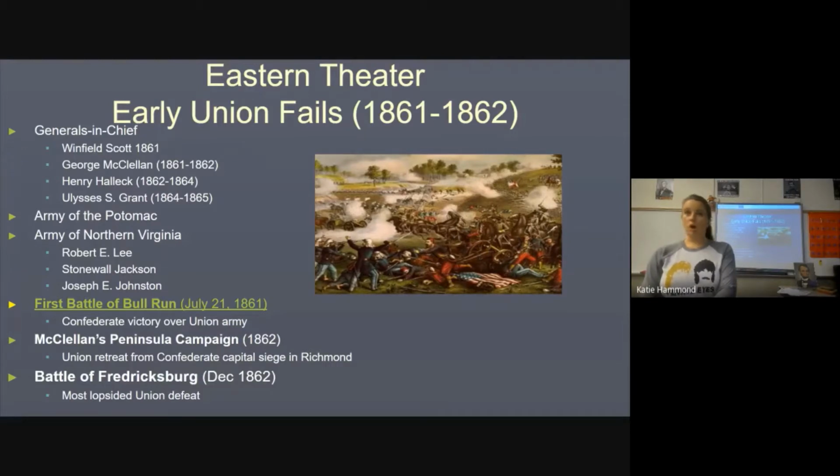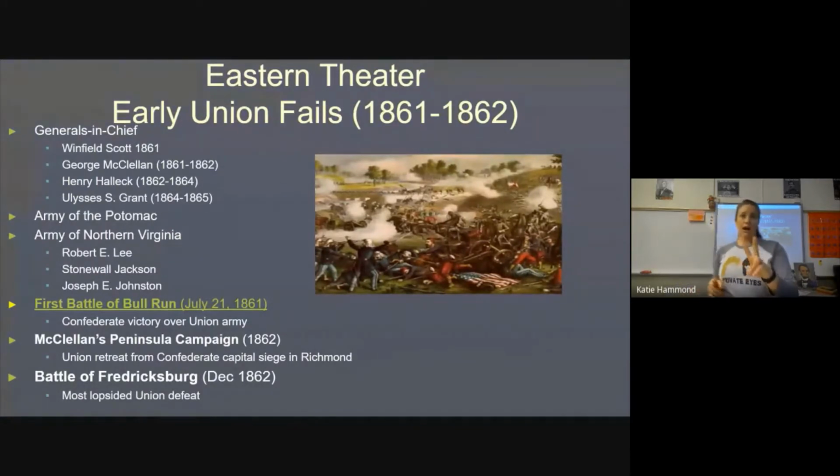And remember, the Union Army is called the Army of the Potomac, after the river. Then you have P.G.T. Beauregard, the Confederate general at this time, while they're trying to find out what Lee's going to do. He's also the one who bombarded Fort Sumter at the outbreak of the Civil War.